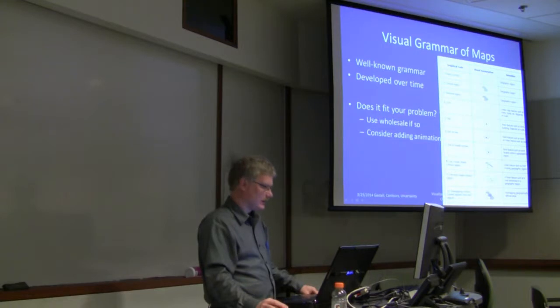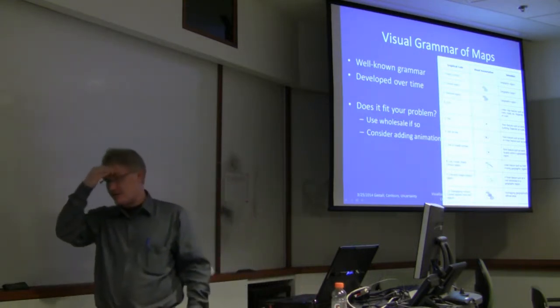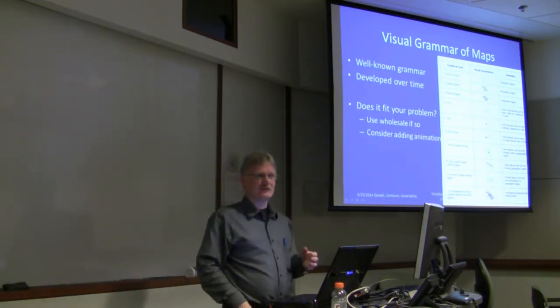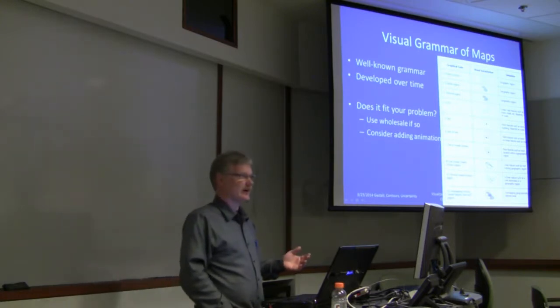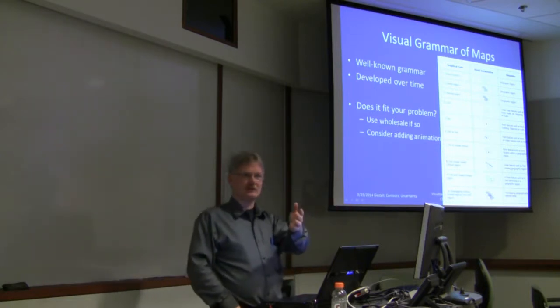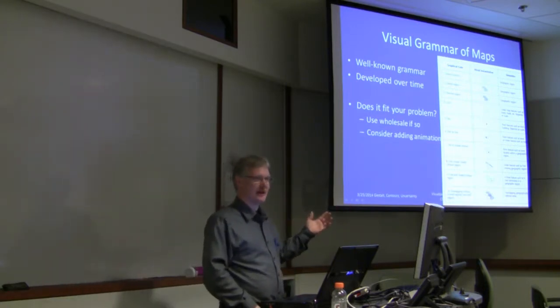All right, so this slide basically ends up in this talk because there wasn't another good place for it. The idea here is people have been studying maps for a long time. They've got a really good visual grammar for how that works. So if you can reduce your visualization problem to a map problem, you're probably going to do well by just stealing all the tools they use to show maps, right?